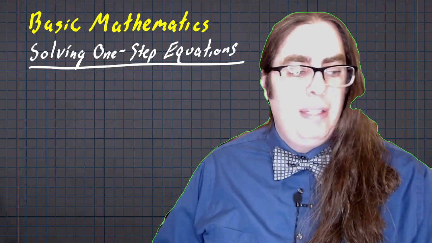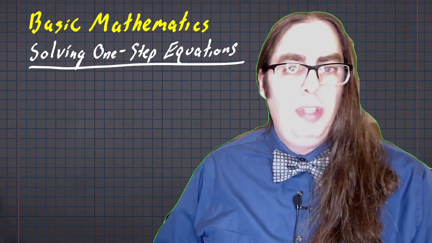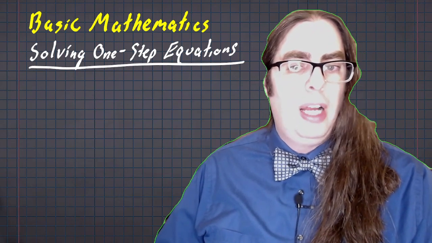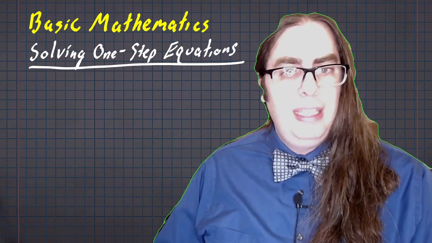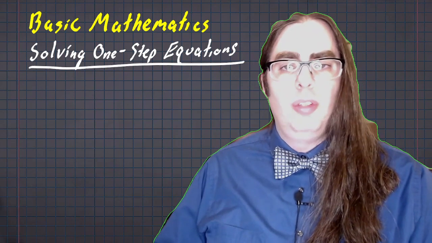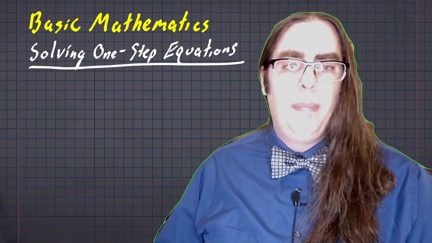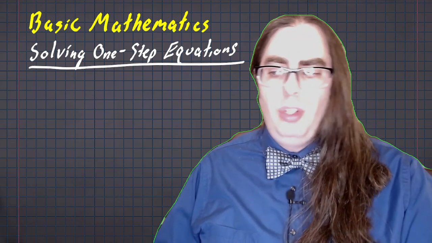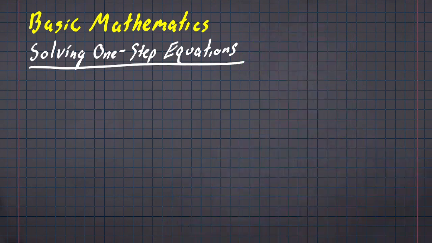In most fields of study that rely on mathematics, this idea of solving equations is the most powerful tool in mathematics. So let me get my head out of the way and let's start looking at what I mean by that.